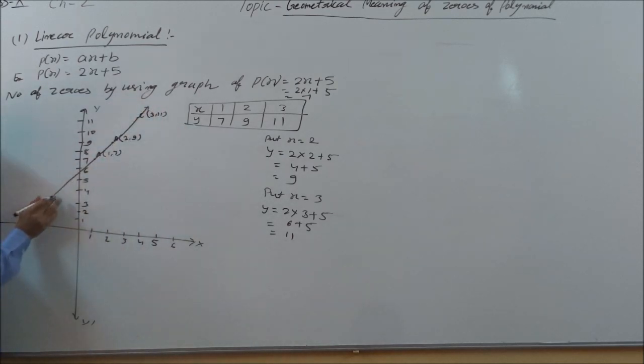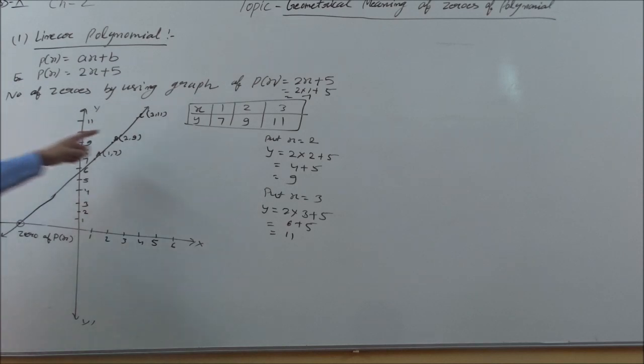Now you will extend this line forward. You will see this line passes through the x-axis at one point. How many points? The line will pass through the x-axis at one point. So this shows the zero of the polynomial.